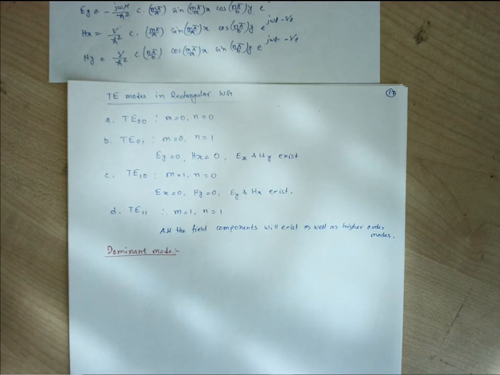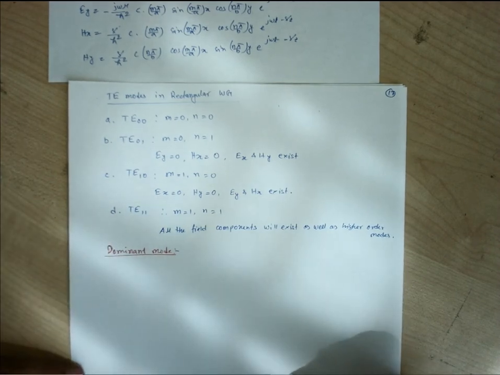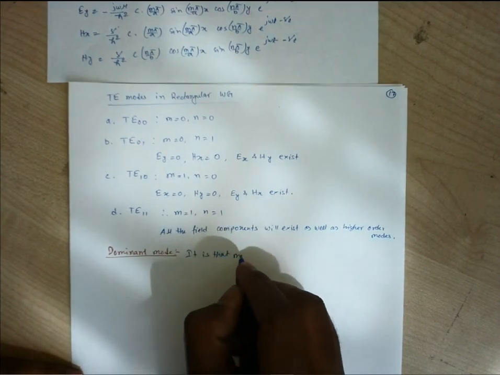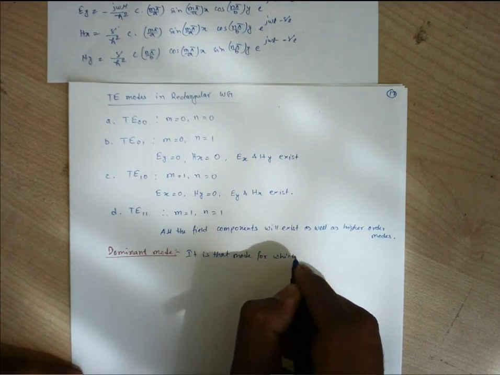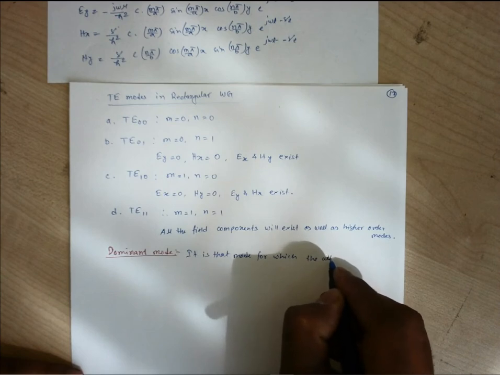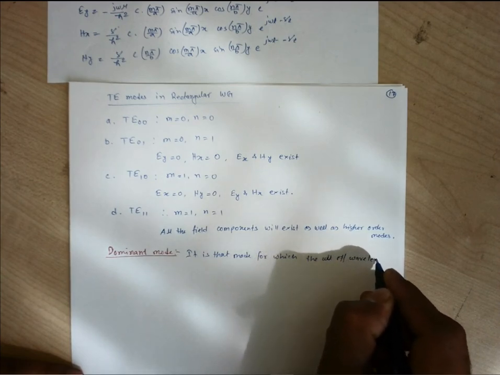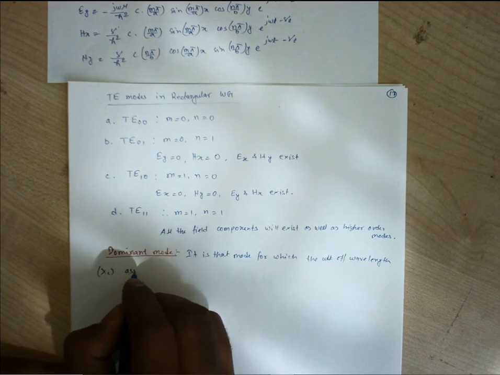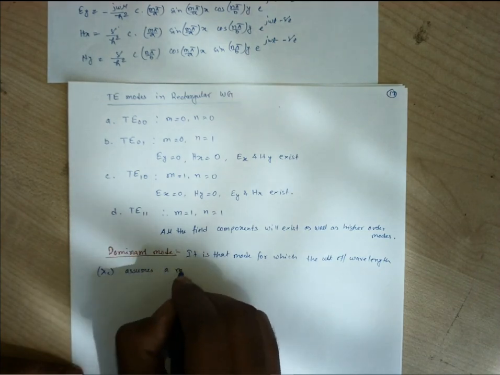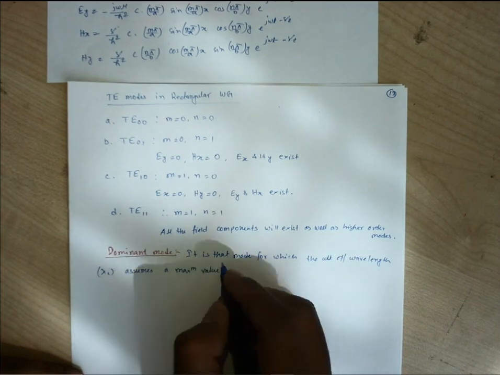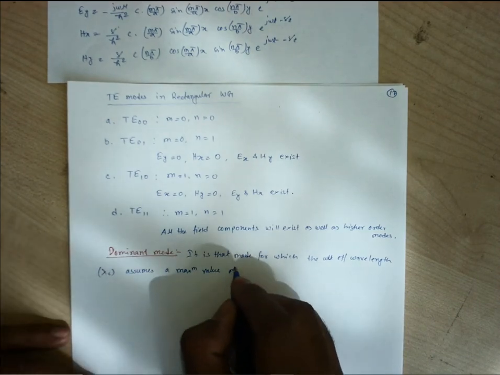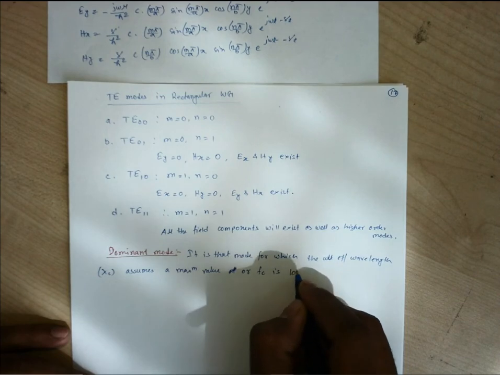Okay, let me write this. It is that mode for which the cutoff wavelength, that is lambda c, assumes a maximum value, or if we convert this, when lambda c is maximum, our fc will become minimum, or fc is lowest.